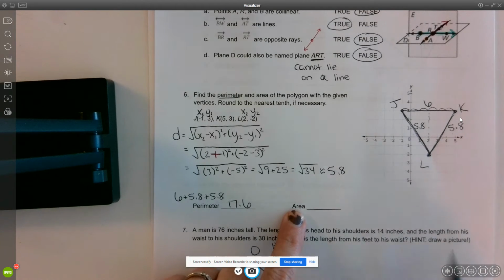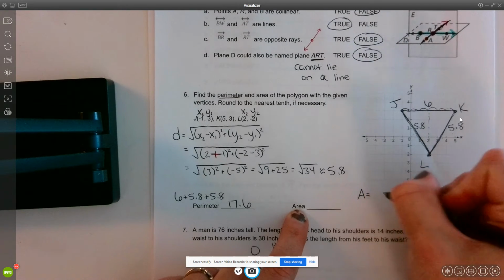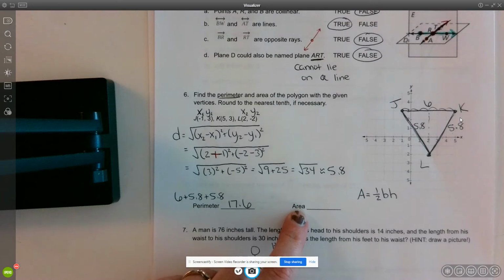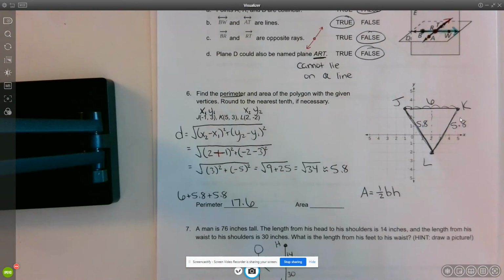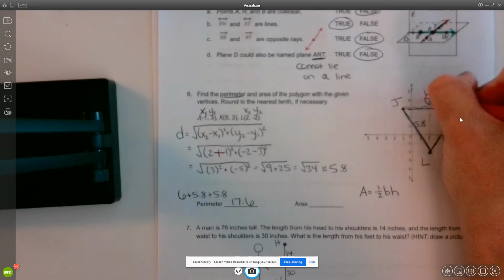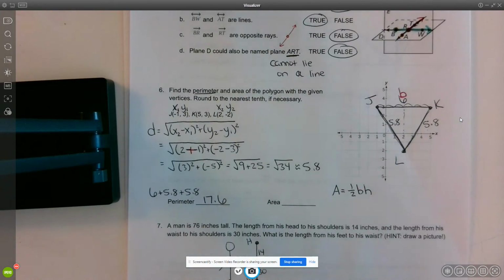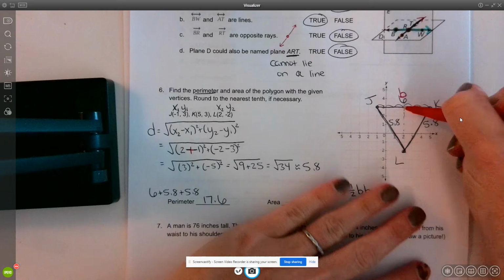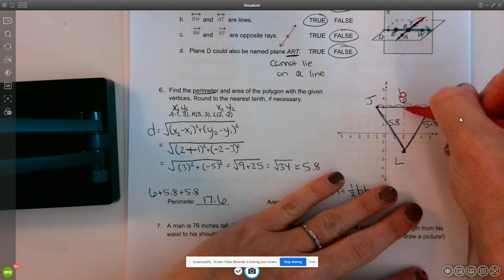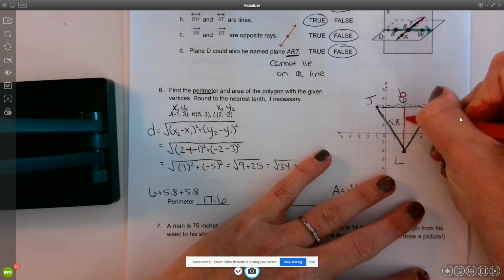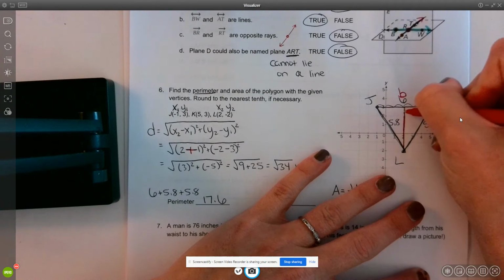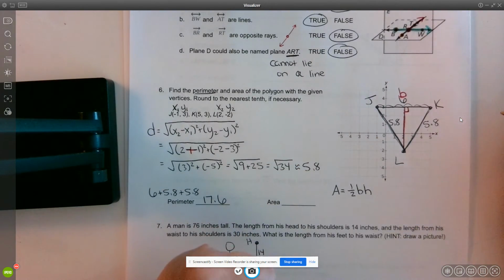I now need to find the area of this triangle. So I need to use the area formula for a triangle: 1/2 times the base times the height. I've already found the length of the base. That was 6. I'll label it B. And remember, the height of my triangle is when I locate my base and find the vertex opposite the base, and it's that straight line segment that makes a 90-degree angle with the base.